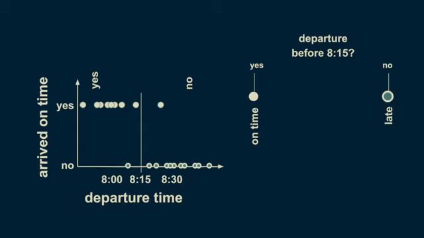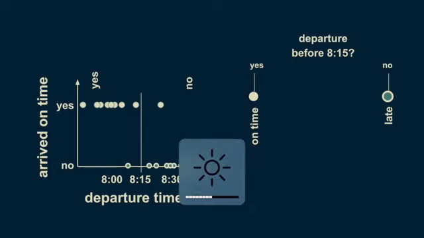And although there are some stragglers and exceptions, the overall pattern is captured by placing this decision boundary at 8:15. If you depart before 8:15, you can be reasonably sure of getting to work on time. And if you depart after 8:15, you can be reasonably sure of being late. This is the simplest decision tree possible, a single branch.